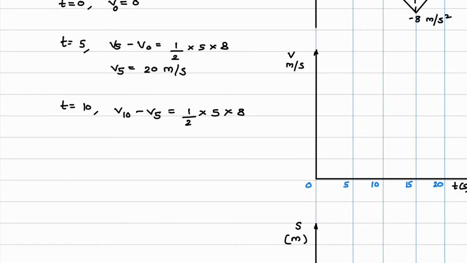So minus 20 will go on the right hand side and become plus 20. So this value is 40 meter per second.